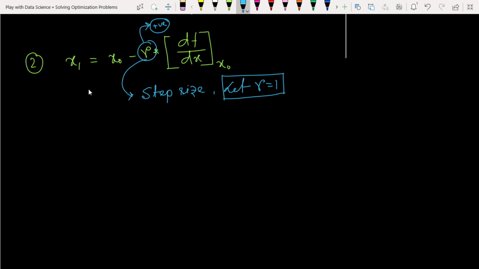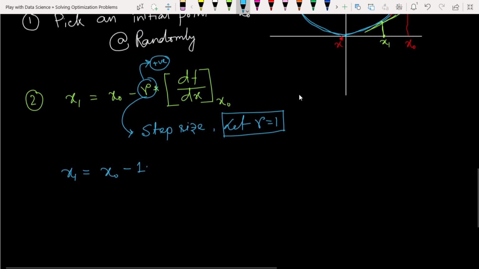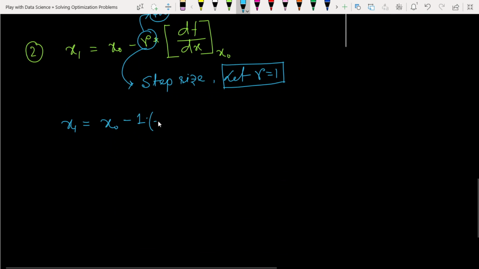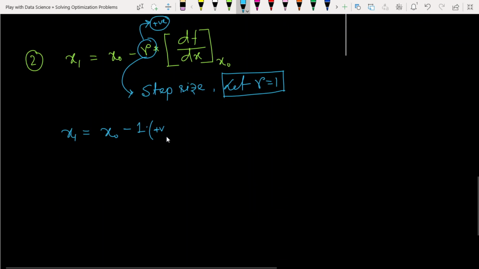If we just consider this formula, then x1 is equal to x0 minus r, that is 1, times this value. This value is a positive value.